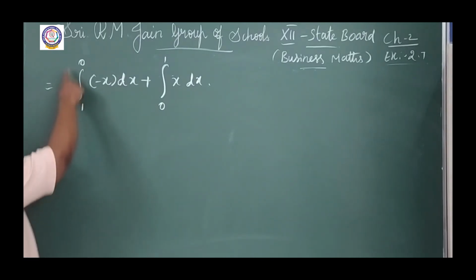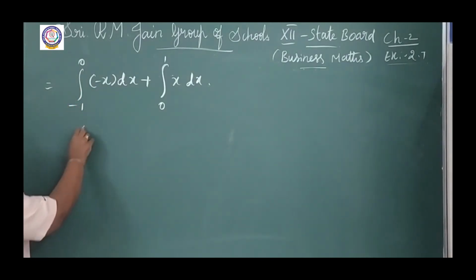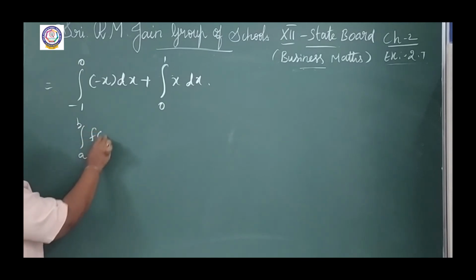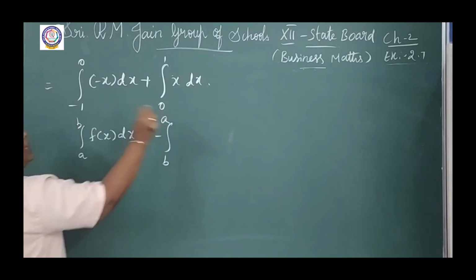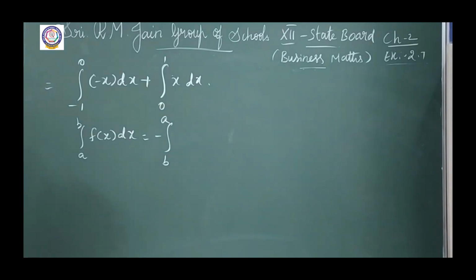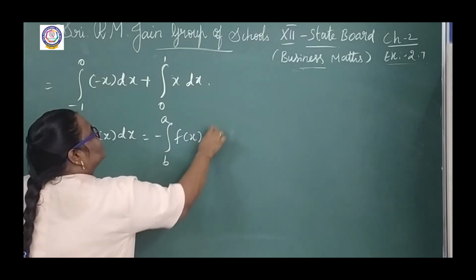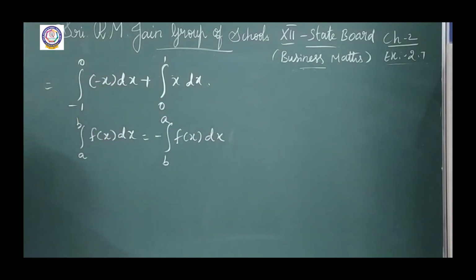See, if you want to change the limit, integral a to b of f(x) dx equals minus integral b to a of f(x) dx. If you want to change the limit, minus will come out. So, I want to use the property here.